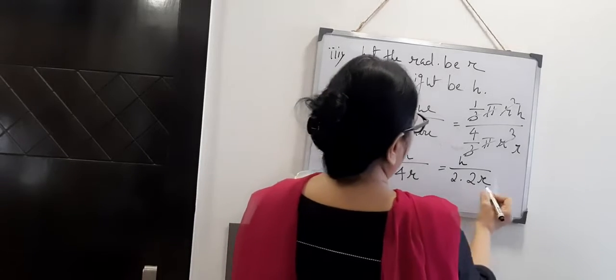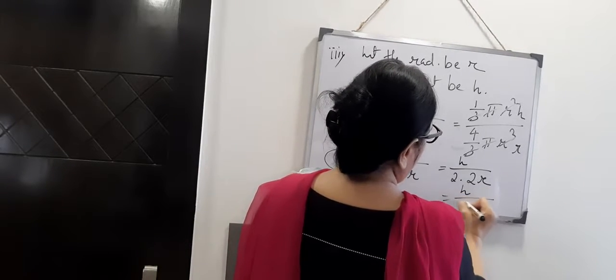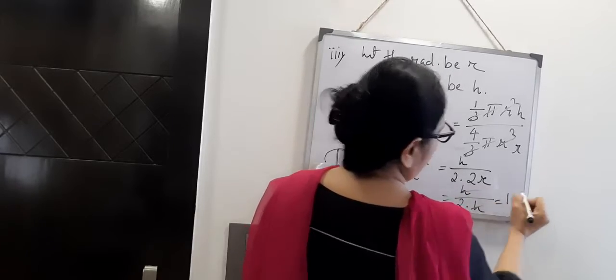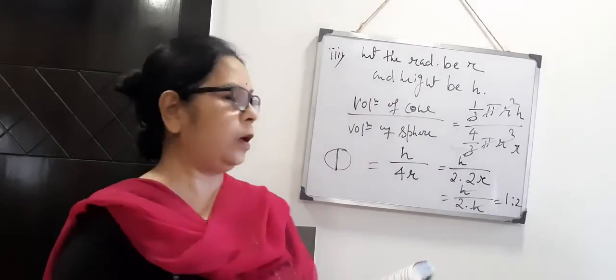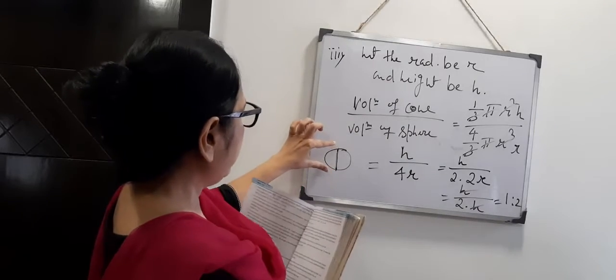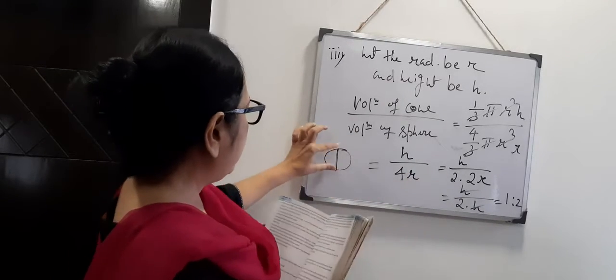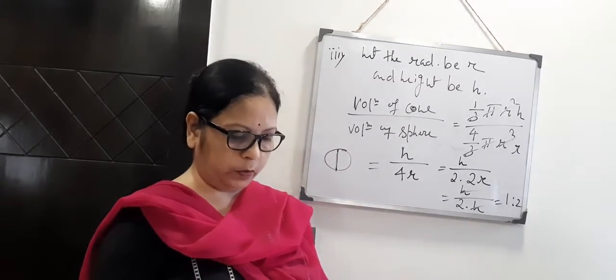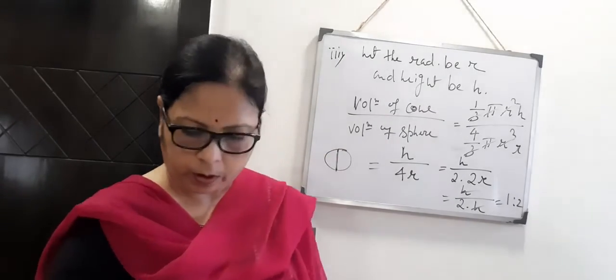Here is height. So it is coming 1:2. In place of diameter of sphere, we can write h, 2r equals h, height. So ratio is coming 1:2.